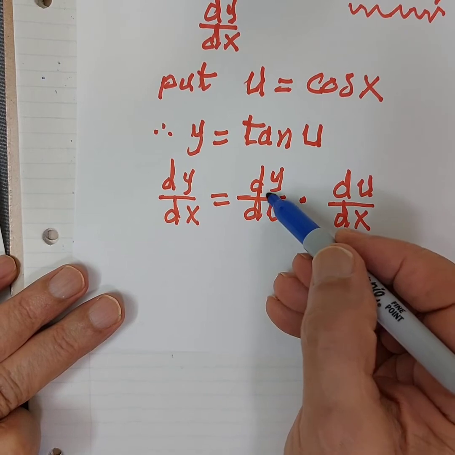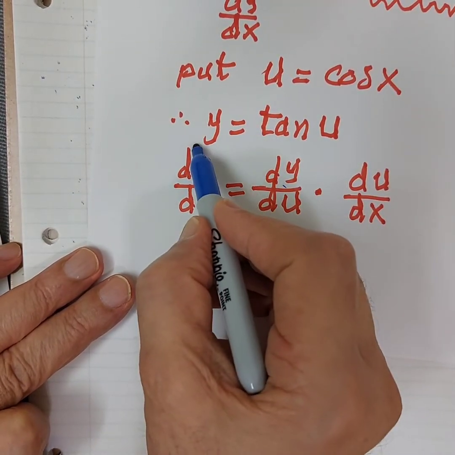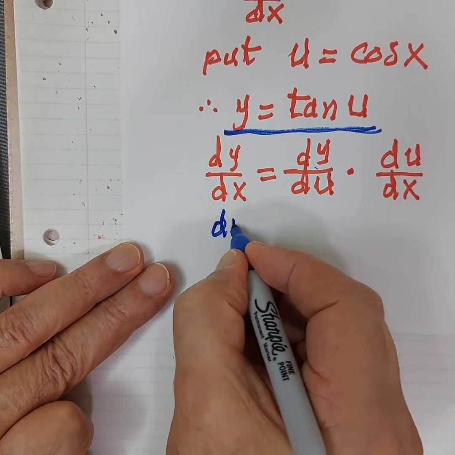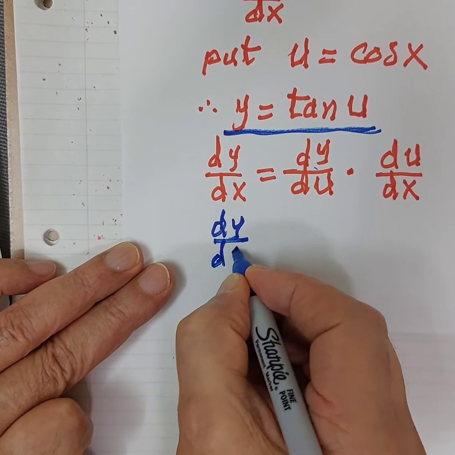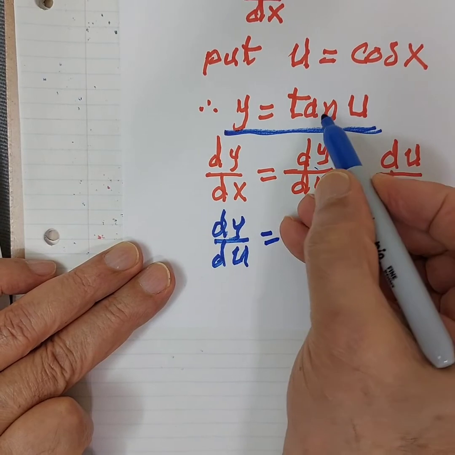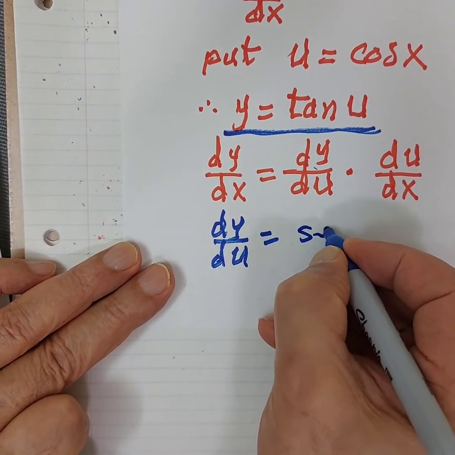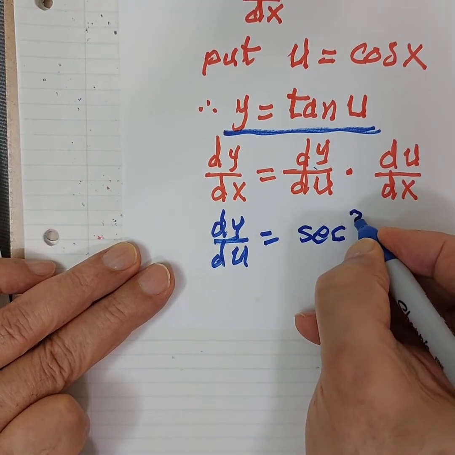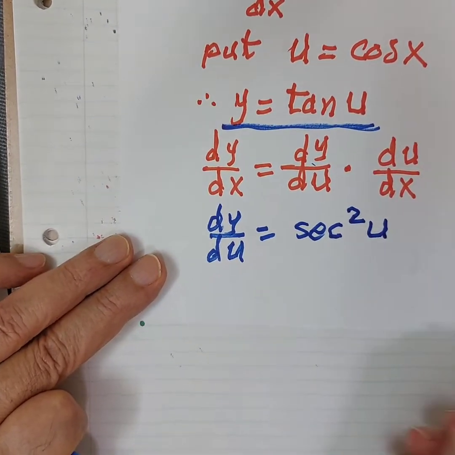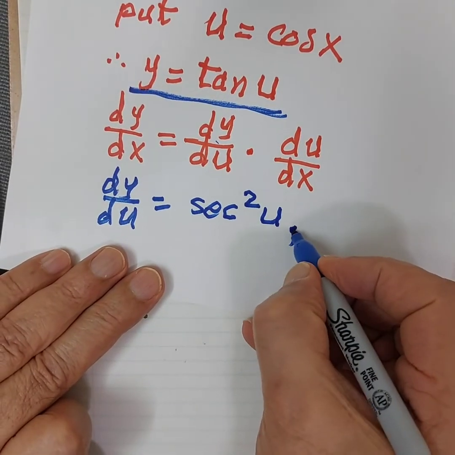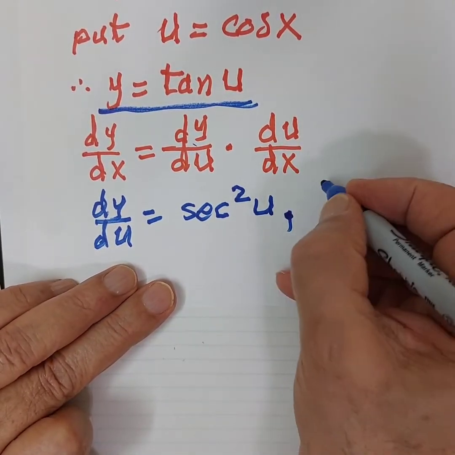The first step, dy by du. Dy by du is, what's the derivative of tan? Is sec square u. Then du by dx.